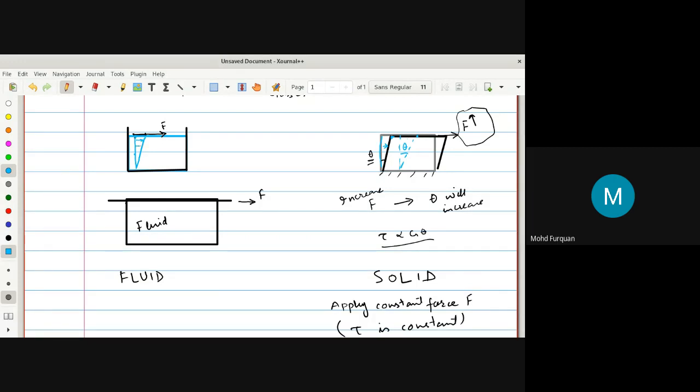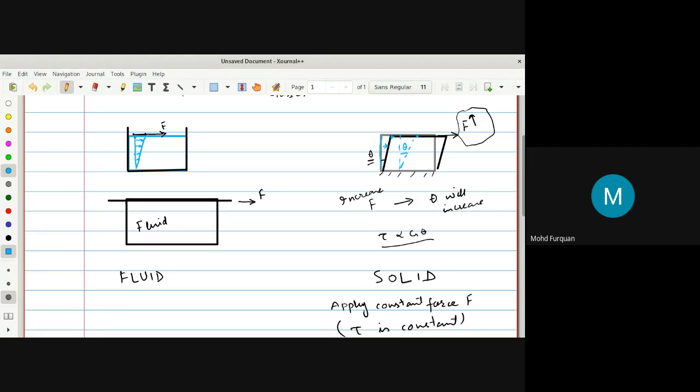So this point will come here, this point will come here, and it will deform like this. It will shear. But then you will ask, what is the difference between solids and fluid? If the fluid is also shearing just as the solid did, the difference is that it will not stop here.